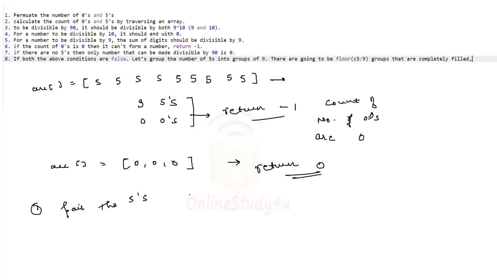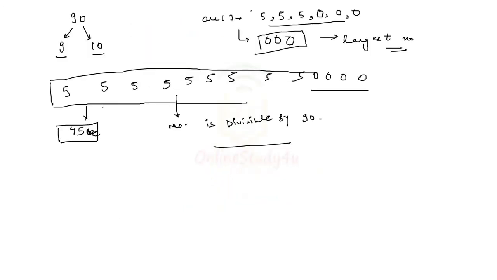Then pair the fives into groups of 9. What does this mean? I told you earlier that you were having 9 fives. So when you group all these fives, there are 9, and you will definitely get a number that will be divisible by 9.